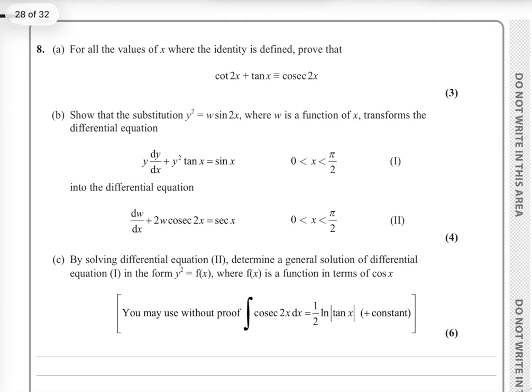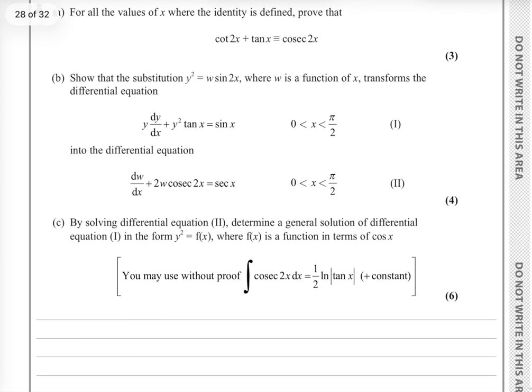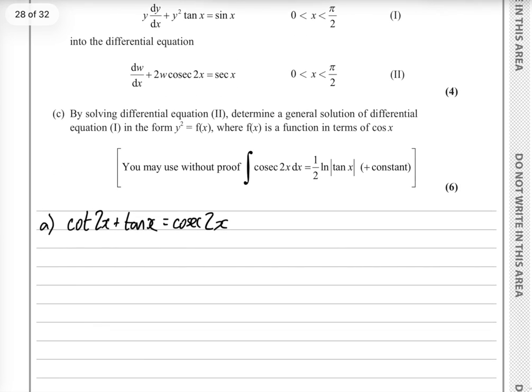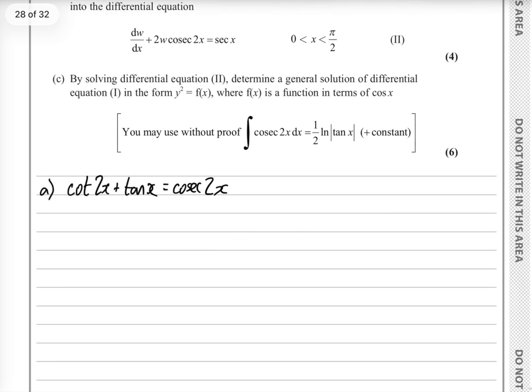Moving on to the last question, number 8. For all the values of x where the identity is defined, prove that cot 2x plus tan x is equal to cosec 2x. Okay, what I'm going to do is first split these.